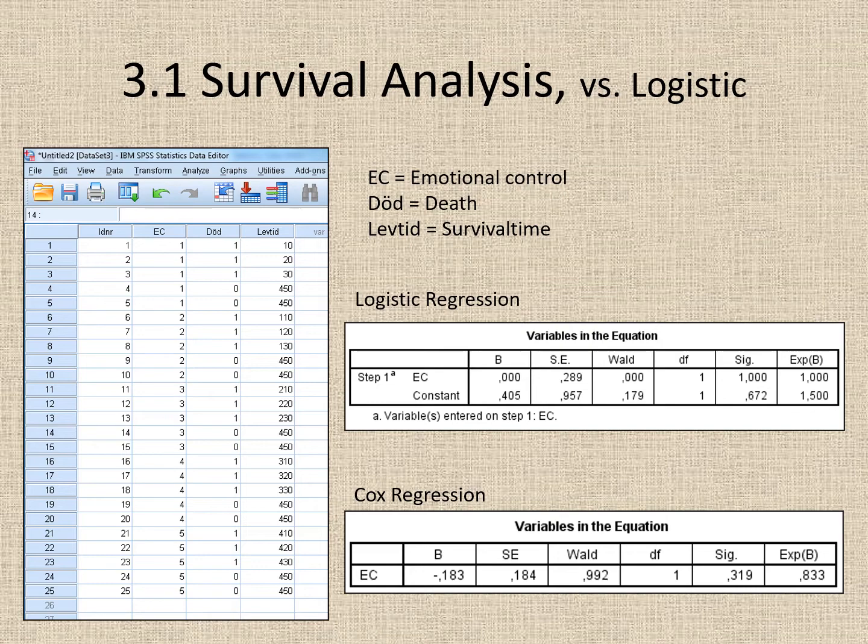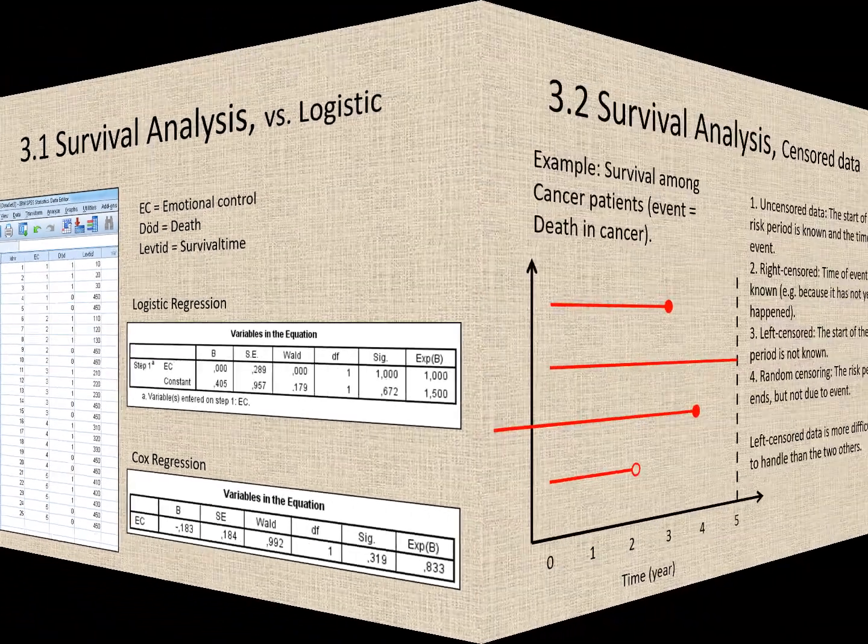We quite often have some kind of censoring in our data. And there's 4 different kinds of censoring. So this is called uncensored data. So here 0, that's where the risk period starts, the follow-up period starts. And here we have data for 1 individual.